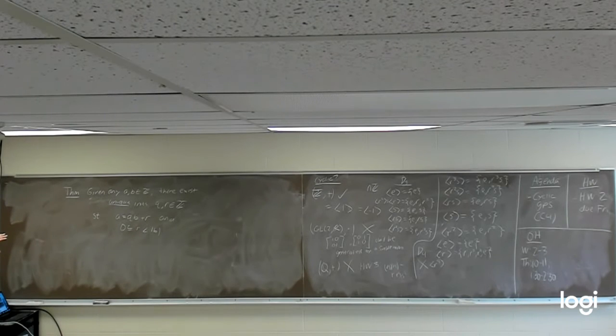So given any two integers a and b to start with, there's going to exist a unique pair, q and r, such that a is equal to q times b plus r, and r is some integer that could be 0 at its smallest, and at its largest is going to be the absolute value of b minus 1.